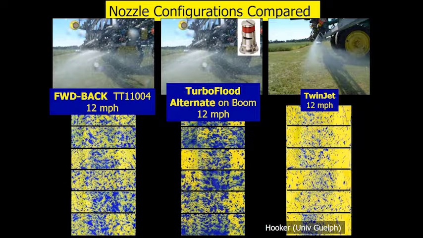The turbo flood jet is nice because it has one nozzle at each nozzle position on the boom, whereas the forward-backward has two nozzles in some nozzle assemblies, about every 20 inches along the boom.